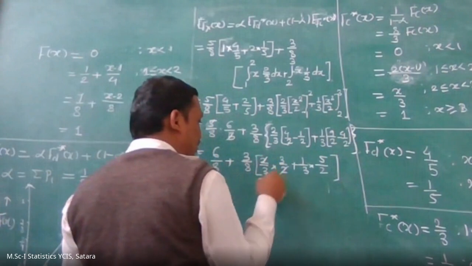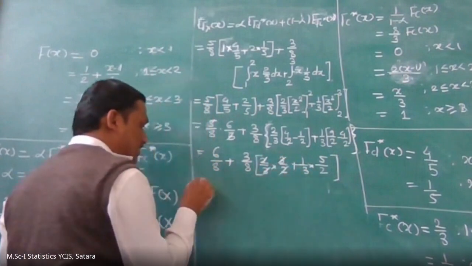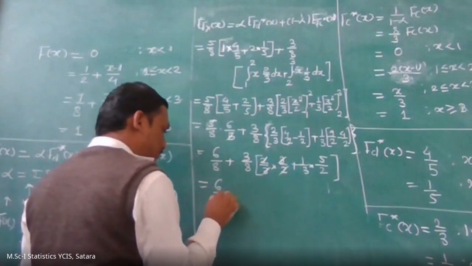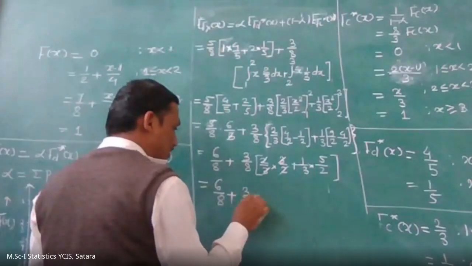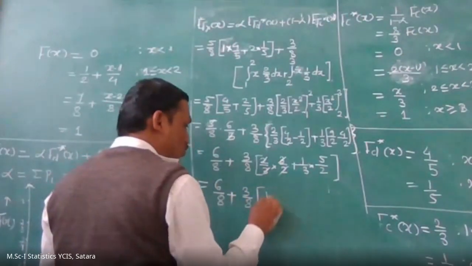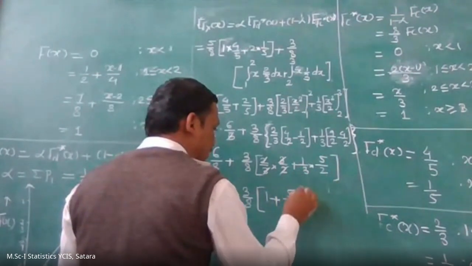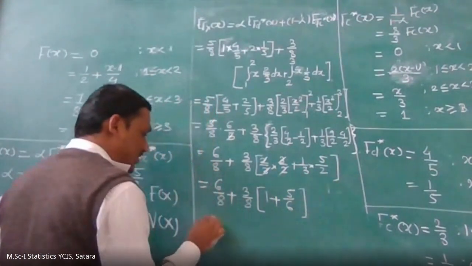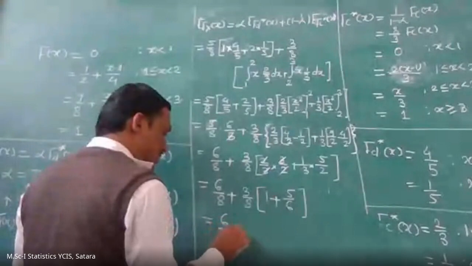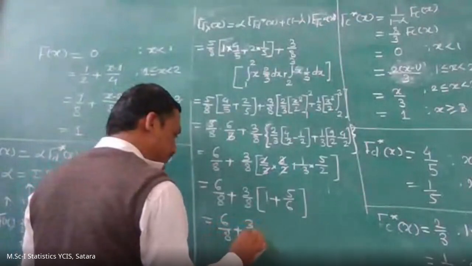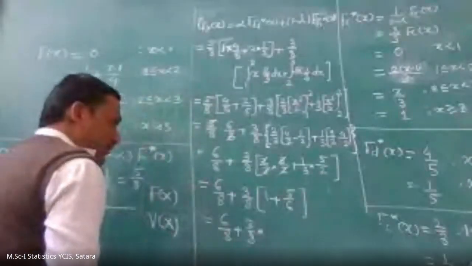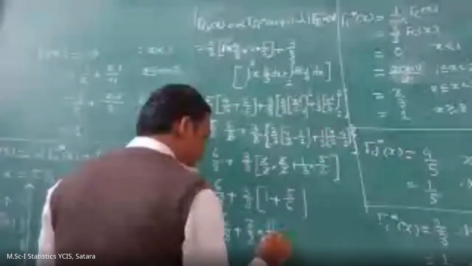So 2 gets cancelled, 3 gets cancelled, which is equal to 6 by 8 plus 3 by 8 into (1 plus 5 by 6), which is equal to 6 by 8 plus 3 by 8 into 11 by 6.